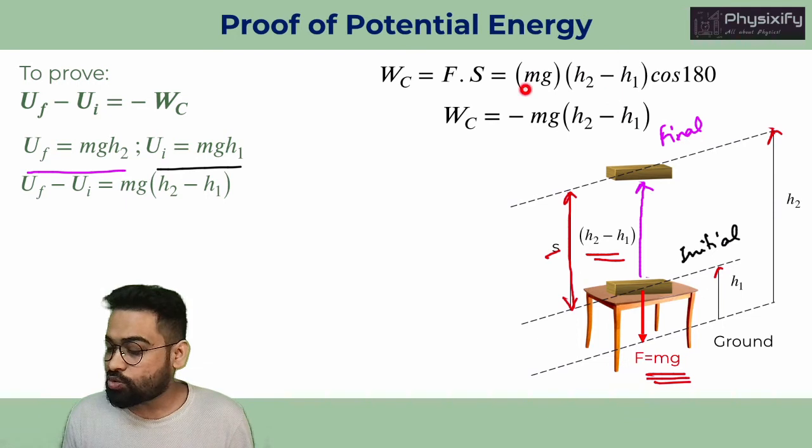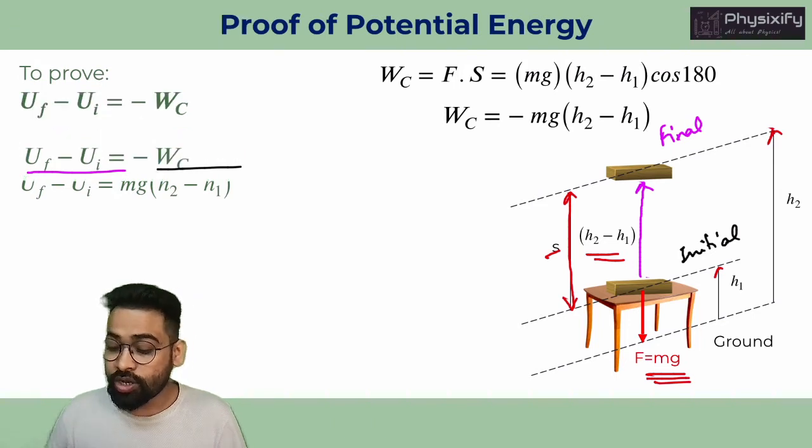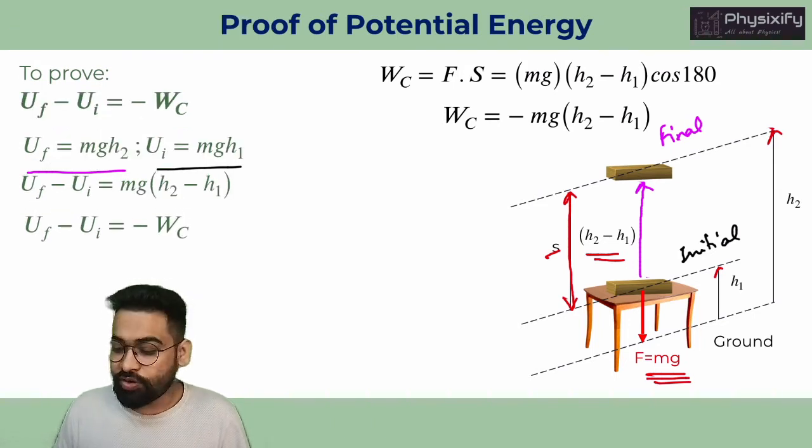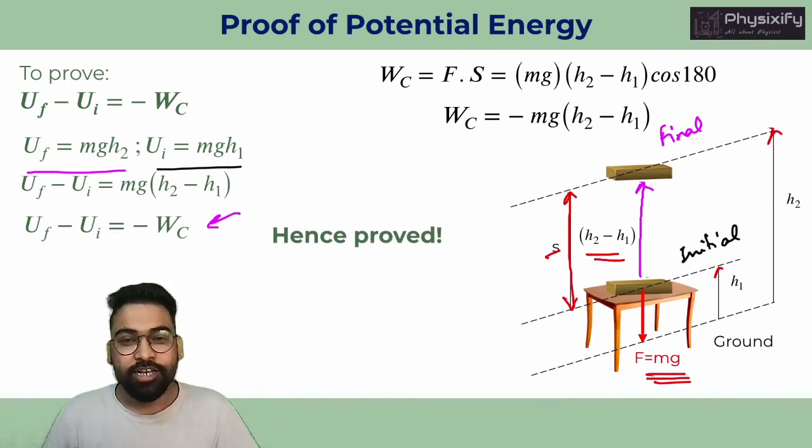So you'll get the work done by the conservative force as minus mg times (h2 minus h1), and I think your work is done now. You can say Uf minus Ui turns out to be minus WC, so we can say hence proved, right? So this is a done deal. I hope you have understood. This was the proof of potential energy.